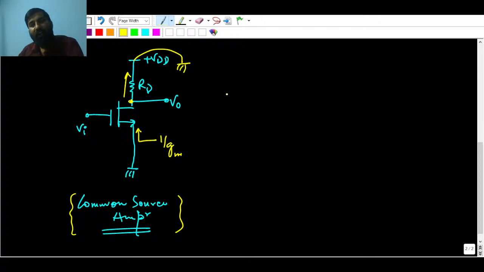So the voltage gain, Vout upon Vi, will be equal to what? You are applying input at the gate and taking output at the drain, and this is the source. Now you can directly write the gain of this amplifier without drawing any small signal model.